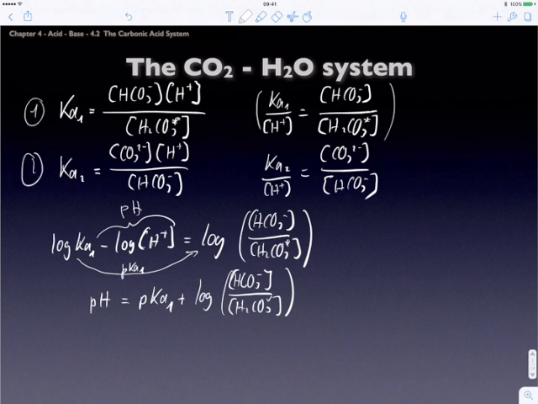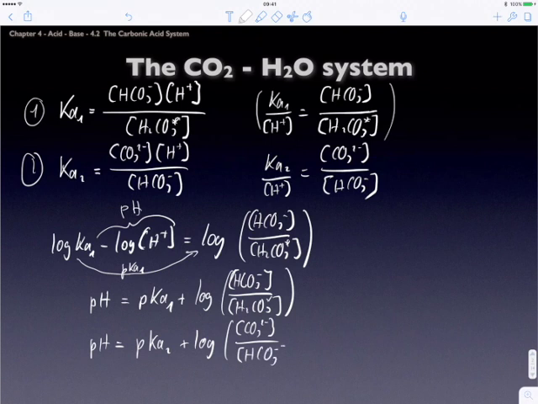You can have the same equation: pH will be, you can do that yourself, pKa2 plus log of the concentration of, in this case, carbonate ion divided by the concentration of bicarbonate. You can do the same calculation here by putting the log of this equation here.